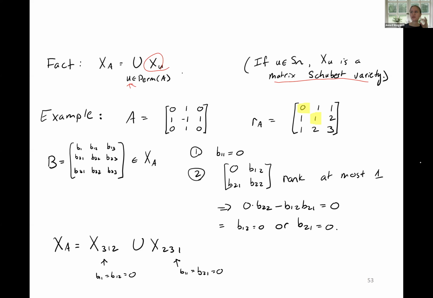So when you're indexed by a permutation, you are a matrix Schubert variety, a nice irreducible variety. So in this example here, we really get that we had a union of these two different matrix Schubert varieties that were defined by these different conditions.